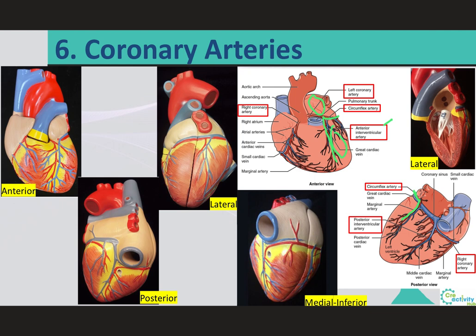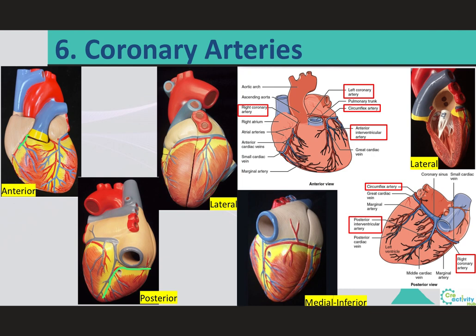And these are the main coronary arteries that you need to know. Of course, all these will branch out into smaller blood vessels, but I just want you to know the main ones, which are the left coronary artery and the right coronary artery. The right coronary artery will become the posterior interventricular artery once it starts to go between the ventricles posteriorly.